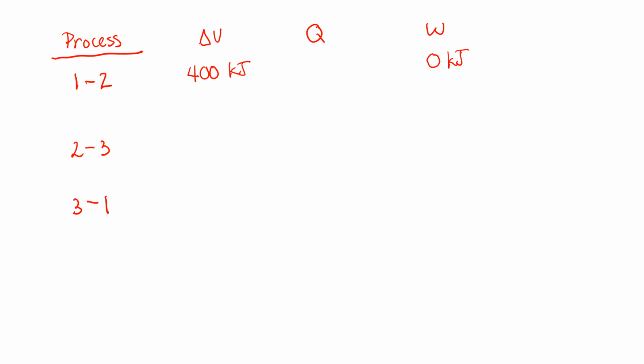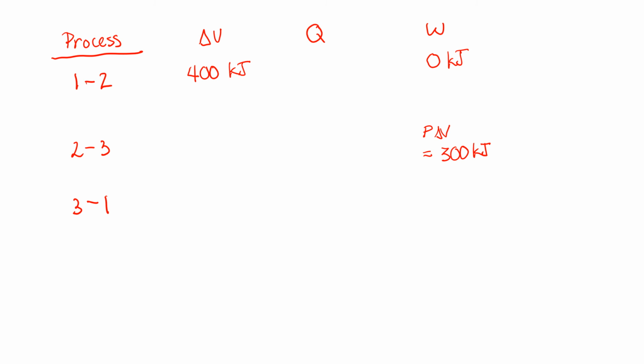We also know for process 2, since we have an expansion at constant pressure, work is P delta V, which if we solve that out is 300 kilojoules. So in that expansion, the system is doing 300 kilojoules of work. So that's all we know for process 2 to 3.